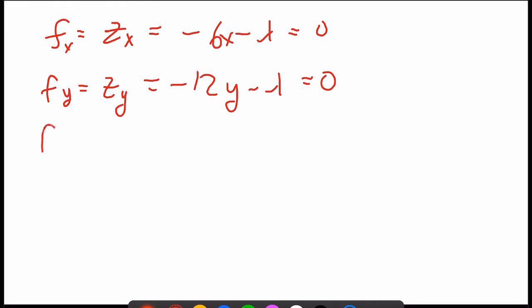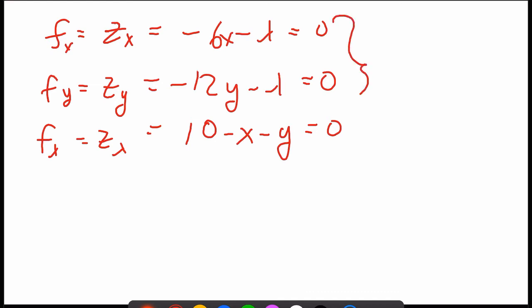And you can say f of lambda is the constraint, 10 minus x minus y equals 0. Okay? Is that exciting? Yeah, it is.